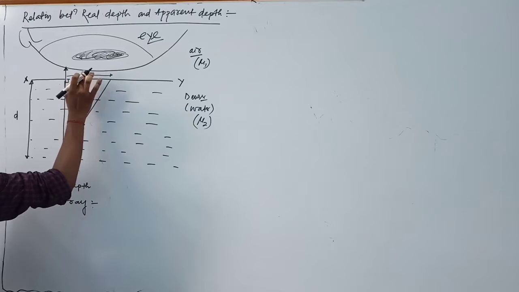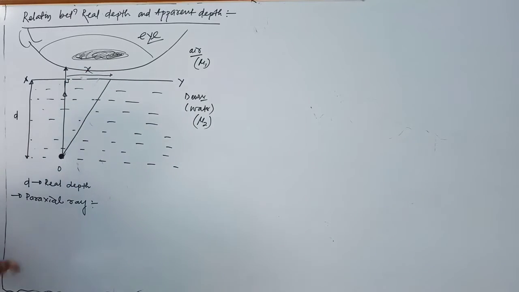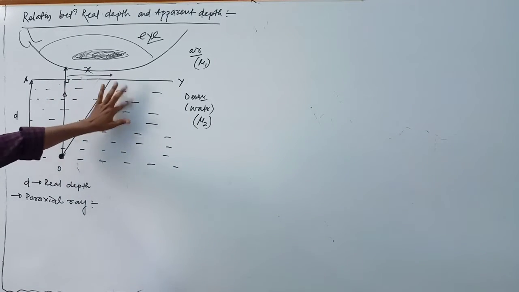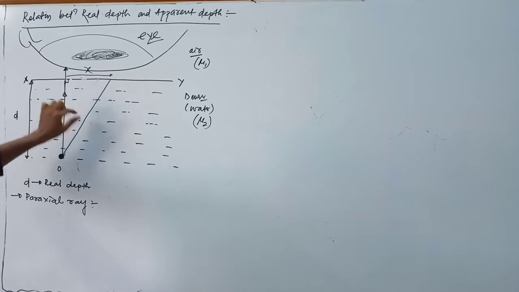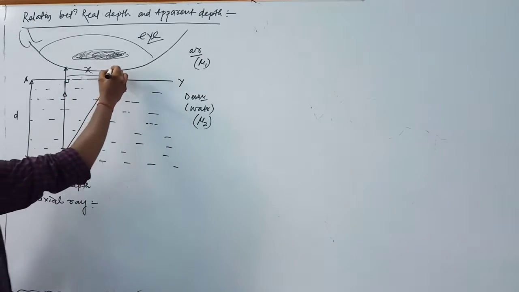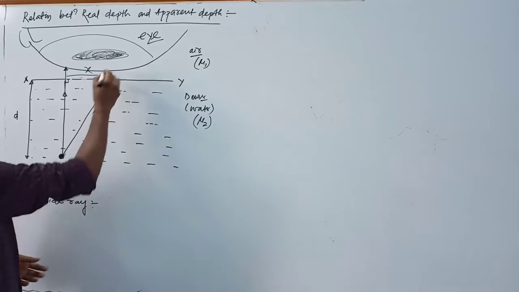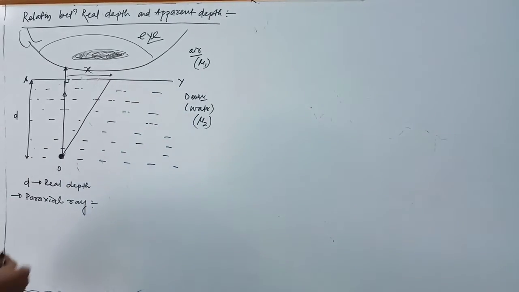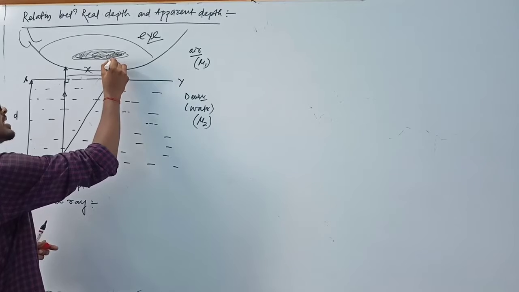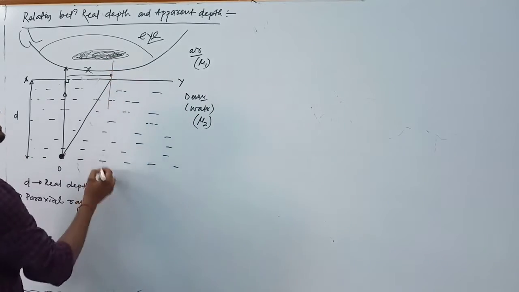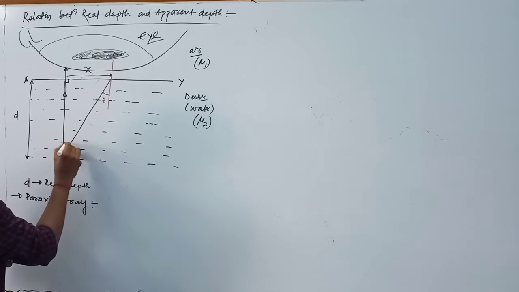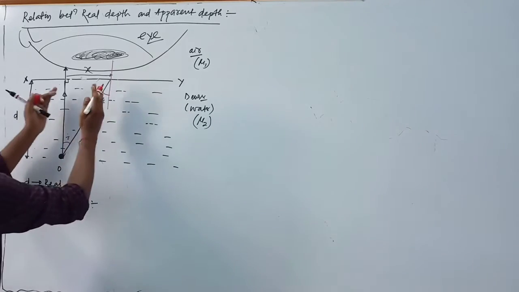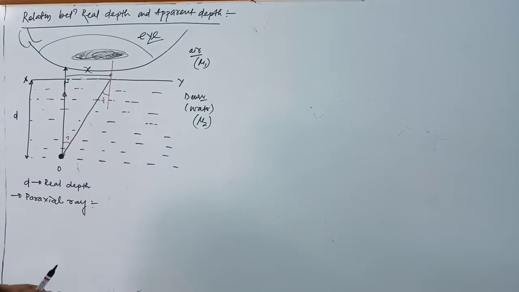Actually the distance x is very small for a paraxial ray, but for convenience we will take a large distance x here. Now we have to draw a normal at this point which separates the 2 media. This is the normal. Suppose this angle is the angle of incidence and this angle is also the angle of incidence, because these 2 lines are parallel to each other.